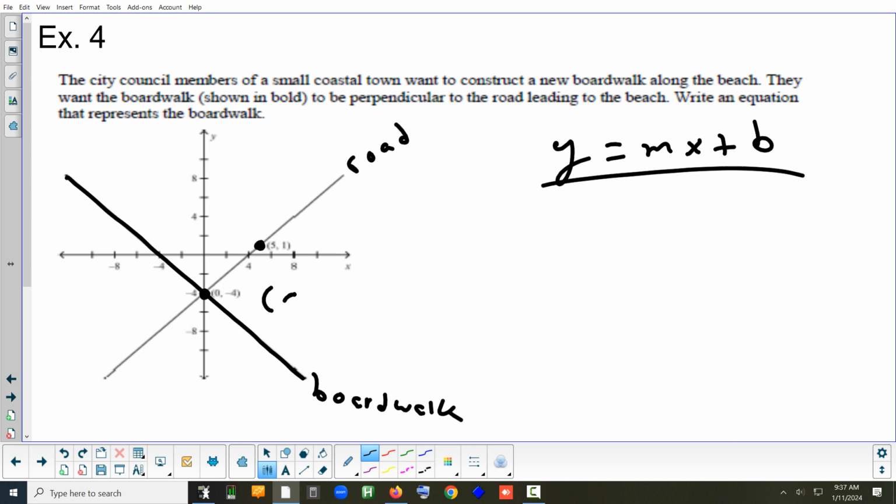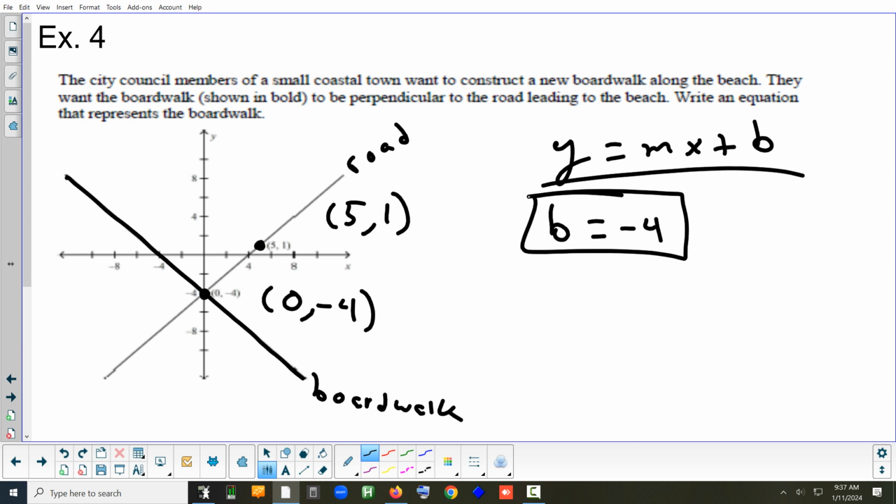So here's our two coordinates. I'm just going to write them a little bigger. Which one, what's the number that's with the 0? -4. And what's that called again? That's your y-intercept. And what letter is that? B. Perfect.